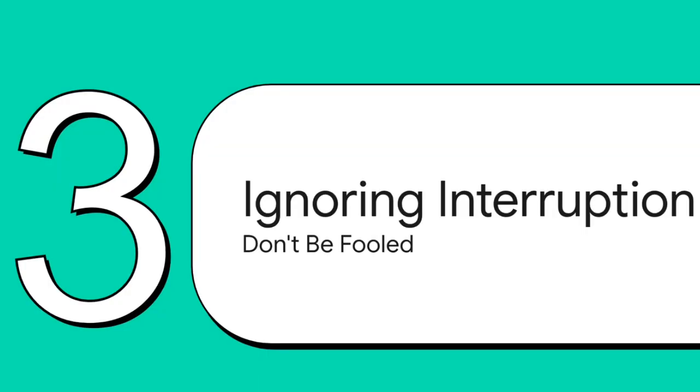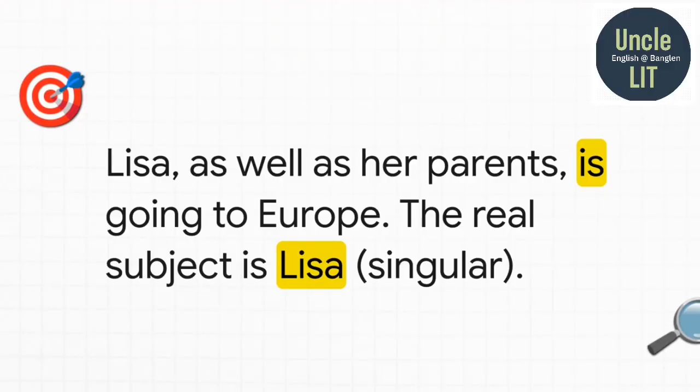It's that easy. All right, let's talk about one of the most common traps people fall into. This happens when a bunch of extra words get jammed in between your subject and your verb. The whole trick is just knowing what words you can totally ignore. Okay, so when you first look at this, your eyes see "her parents" right next to the verb, and you immediately think, oh, that's plural, it should be "are."